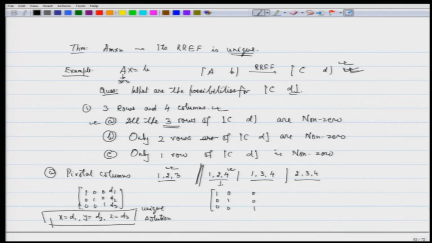The ladder-like idea comes into play. What will happen to the third column here? It could be anything, but it has to be 0 here, because if this entry were non-zero, it would have become a pivot. Non-zero would imply a pivot, and that would give you a contradiction.